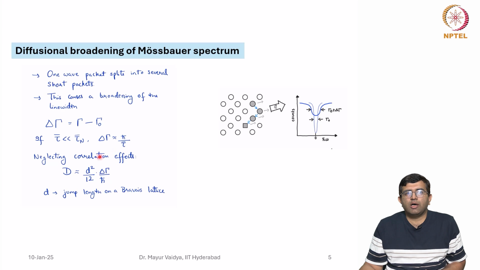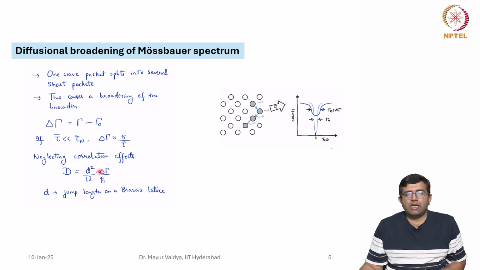If we neglect the correlation effects, then this broadening, the delta gamma, can be related to the diffusion coefficient by this relation: D is equal to d square by 12 into delta gamma by h bar. Here d is the jump length on the Bravais lattice, and delta gamma is the broadening of the width of the peak.